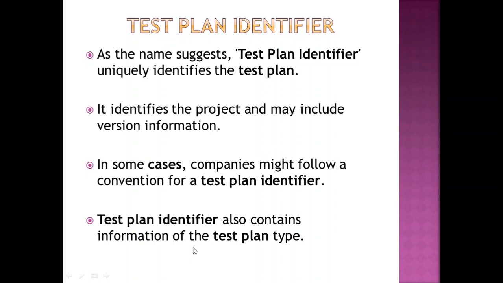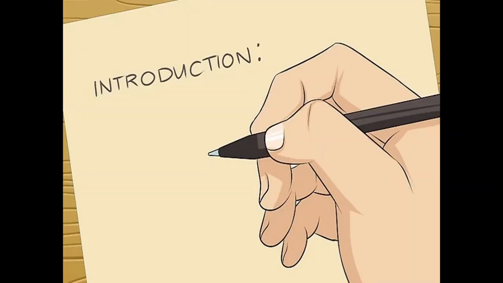Every organization follows its unique standard of naming any document for that matter. That should be included in naming the test plan, and it should also be mentioned inside your test plan. So that is your test plan identifier.